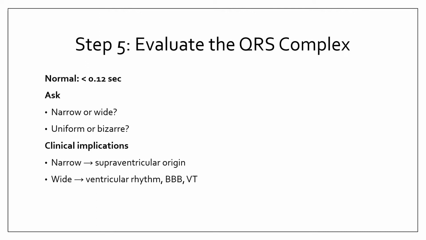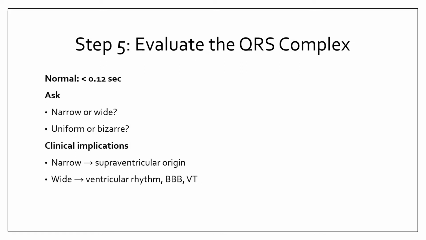So at this step, we're asking a simple but critical question, which is, how are the ventricles being activated? So we're evaluating the QRS complex, and its width and appearance are going to give us the answer. A normal QRS complex is less than 0.12 seconds, which equals 3 small boxes or fewer on the ECG paper.